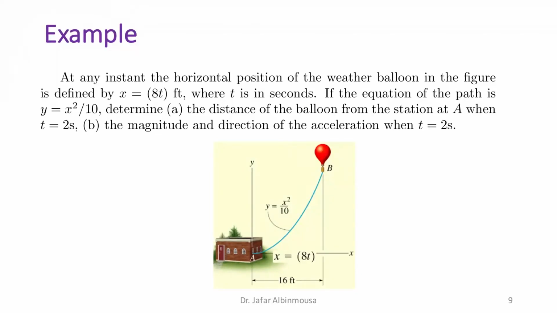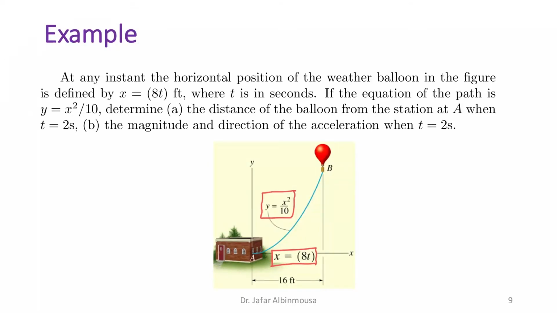So this position along the x-axis is always described by x equals 8t, where t is in seconds and the position is in feet. The equation of the path is y equals x squared divided by 10, so this is the path which the balloon is going to follow. So the balloon will start from here and then it will move all the way to here, following this path.